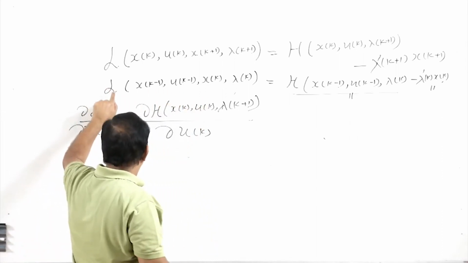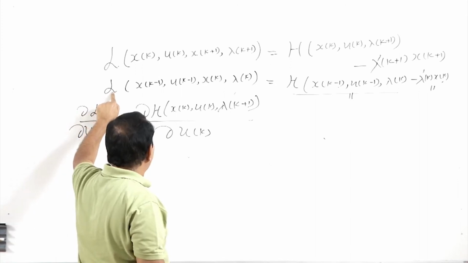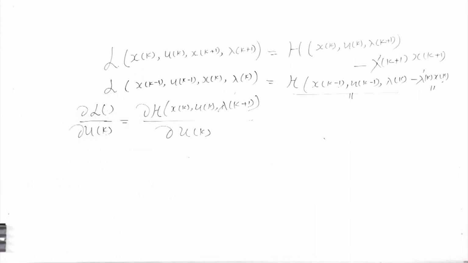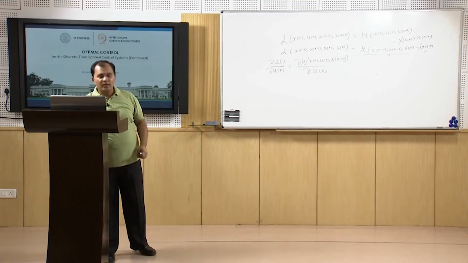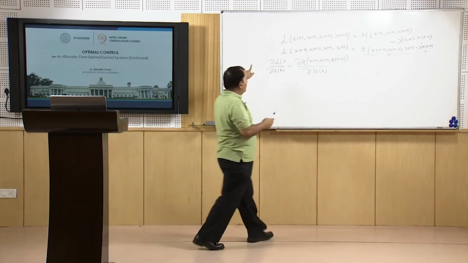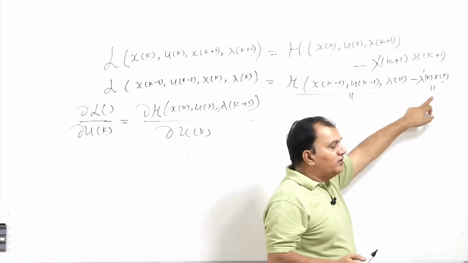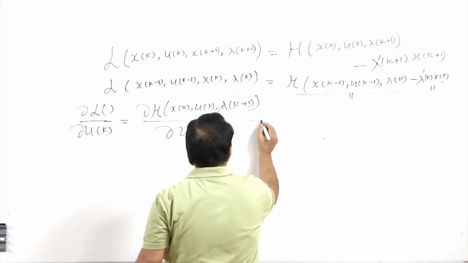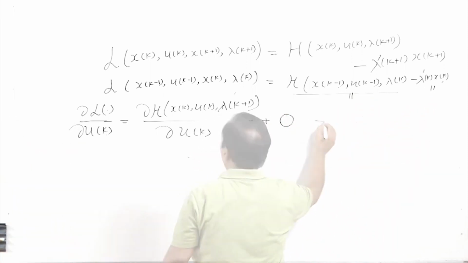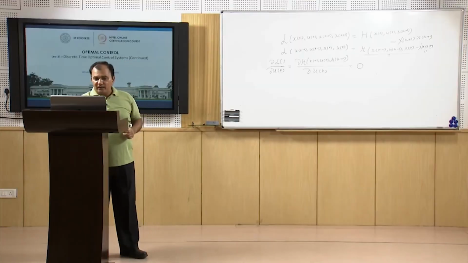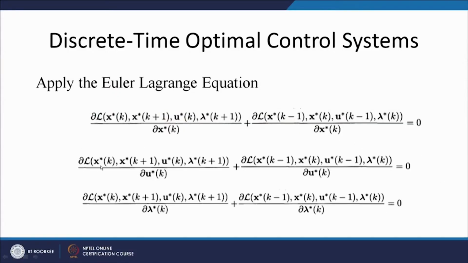My next term, then I have to differentiate this L with respect to u k, and here if you see, h is not a function of u k, this is also not a function of u k. So, this term will give me 0. So, if I write this equation, this is nothing but del h by del u k plus 0 equal to 0.